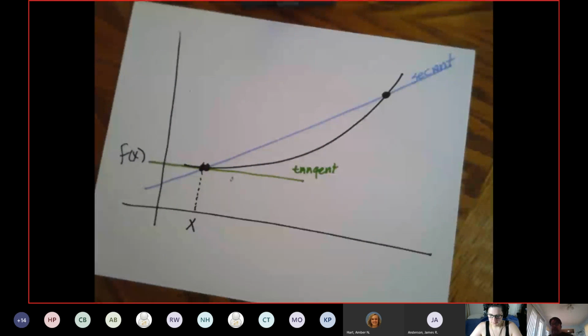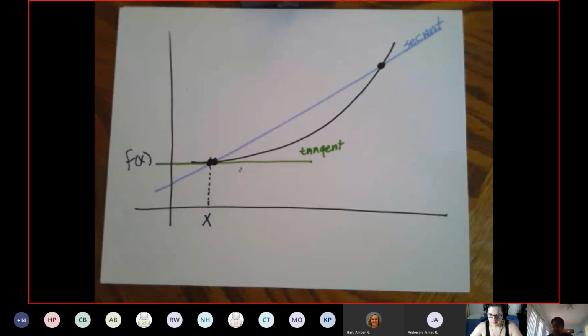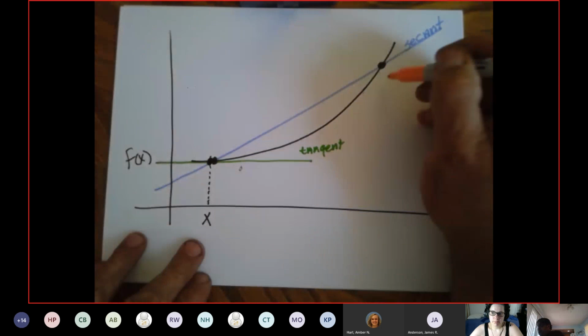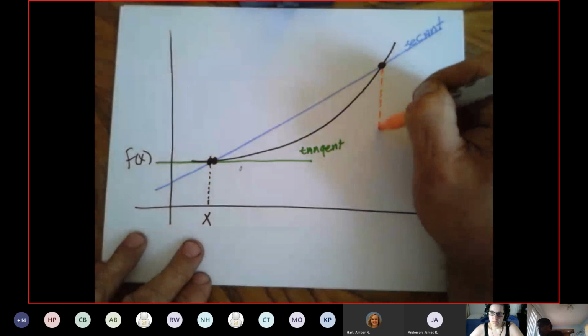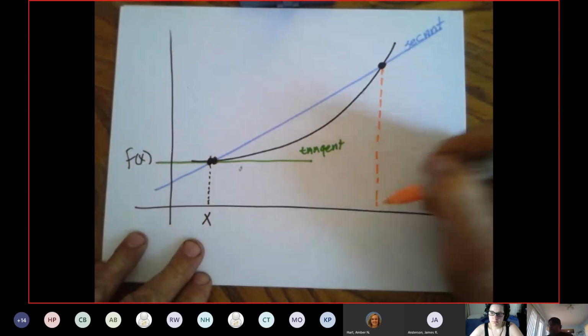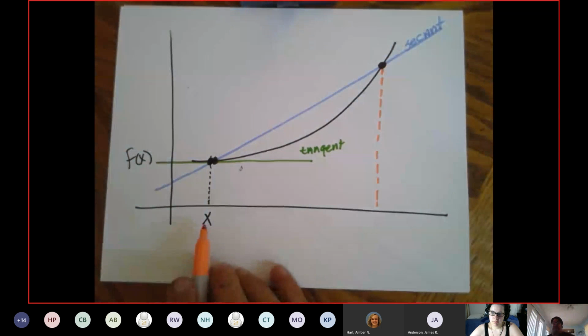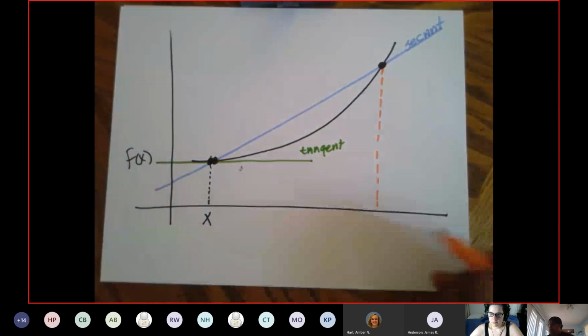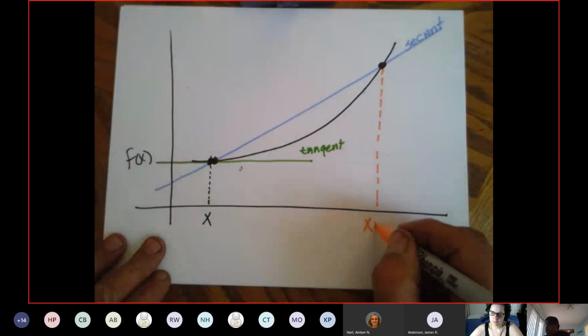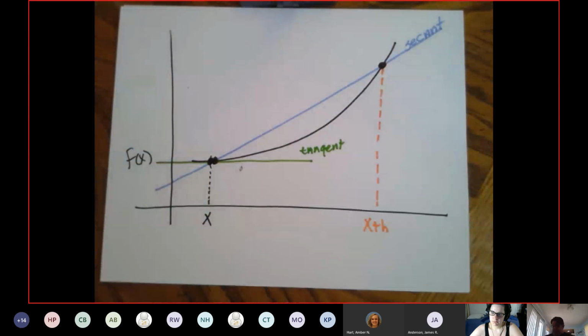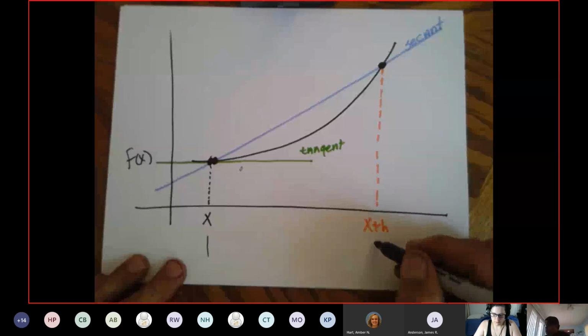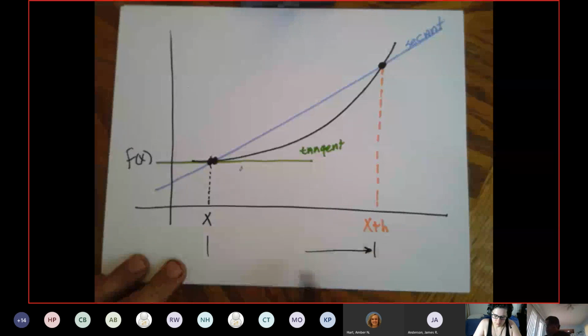This one up here, and we'll use a different color. We'll use a peach. I'm not going to call that x sub 2. I'm going to call it x plus h, with this distance from here to here being what?